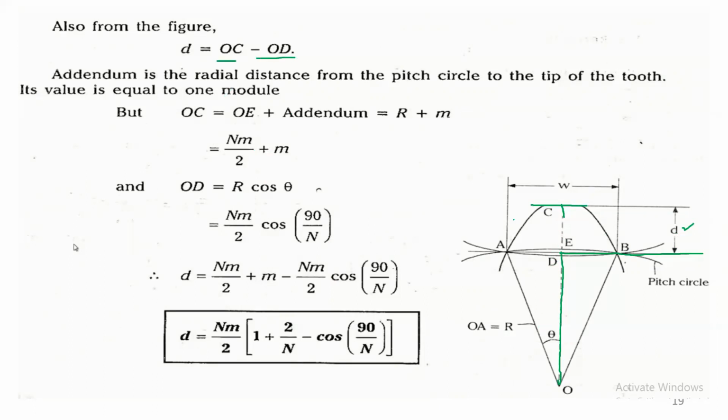Here the addendum is the radial distance from the pitch circle to the tip of the tooth, and its value is equal to 1 module.